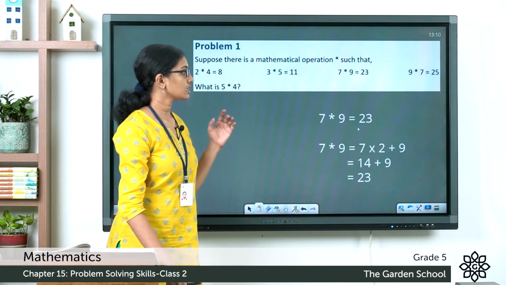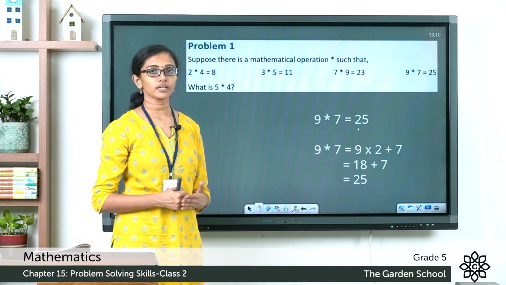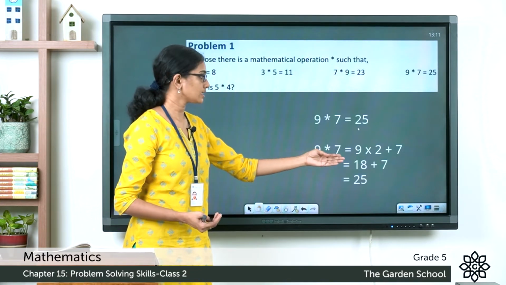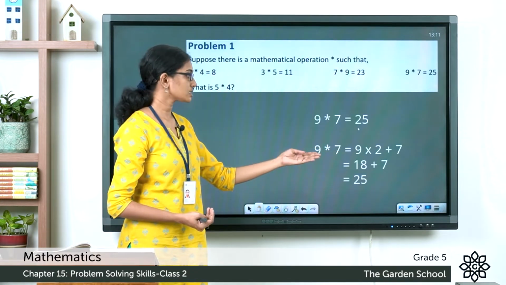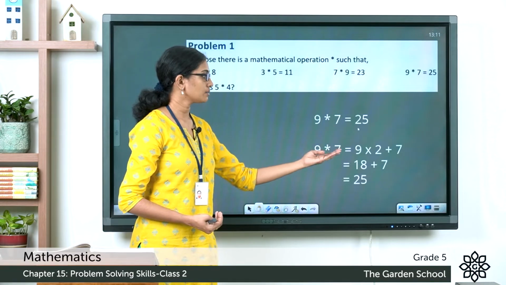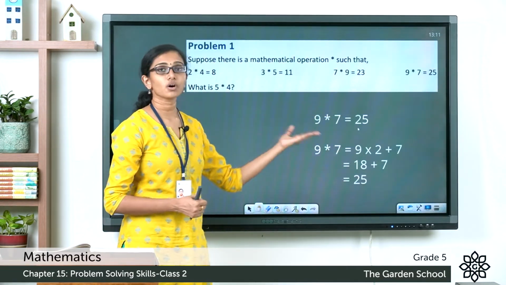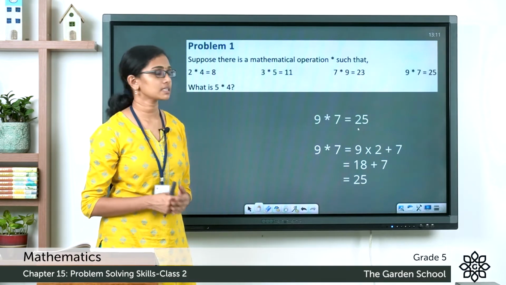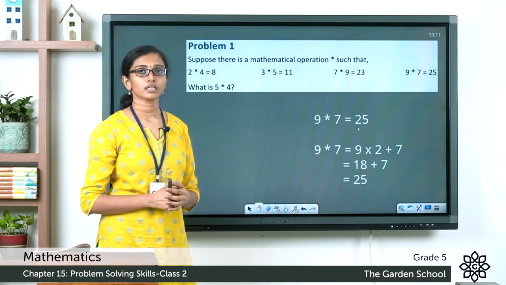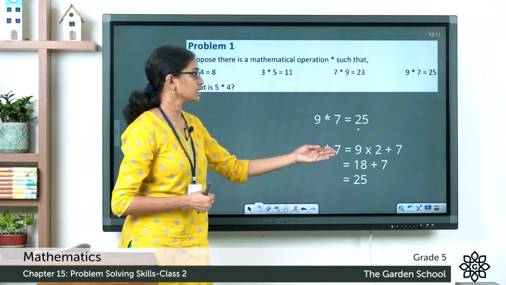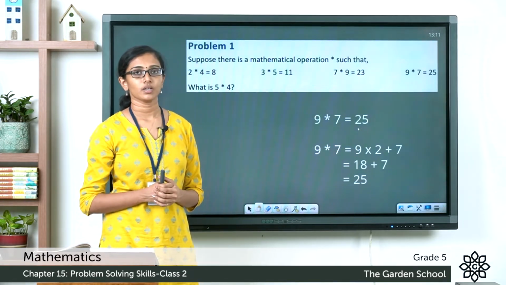Now let's check the remaining fact. So here also let's first multiply the first number by 2 and then add the next number to it. So that is 9 into 2 equal to 18 plus 7, that gives you 25. So yes, this logic makes sense. So this means that this symbol here does not mean multiplication, but instead it means this kind of operation.